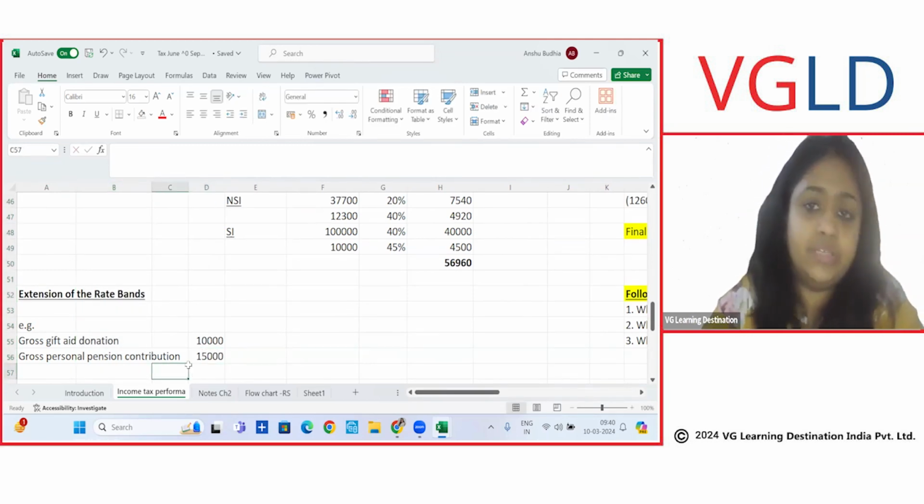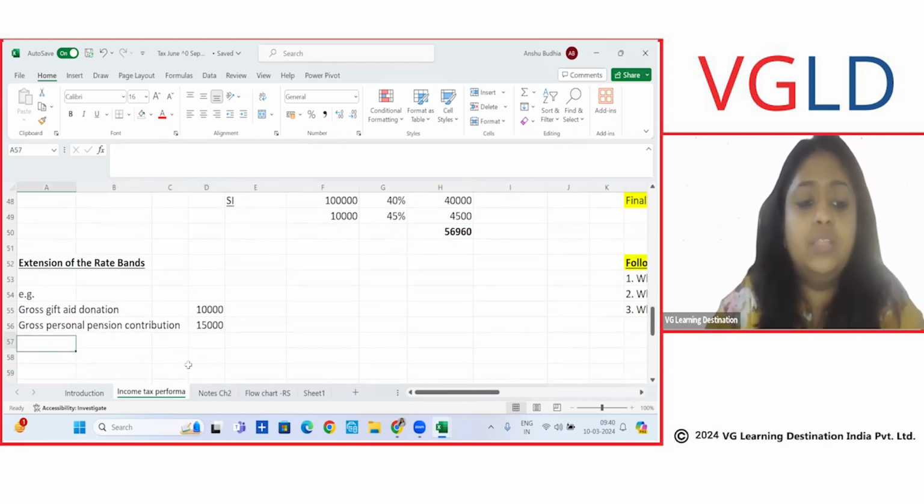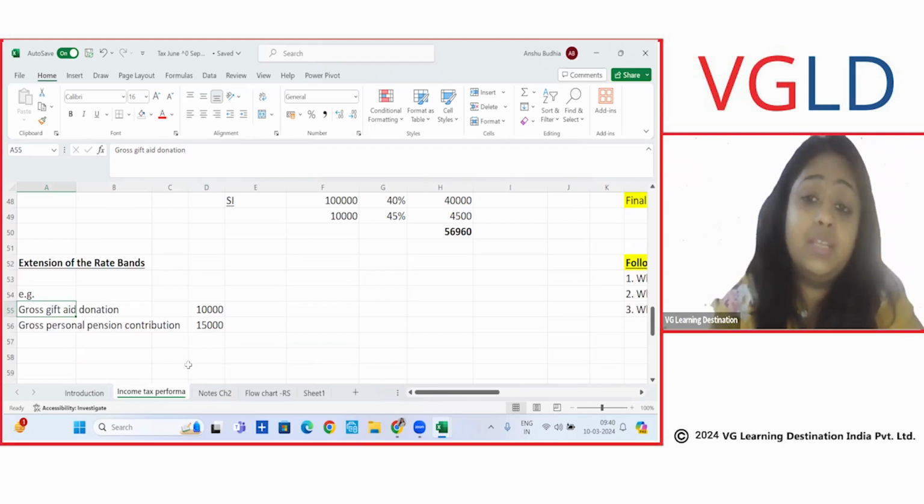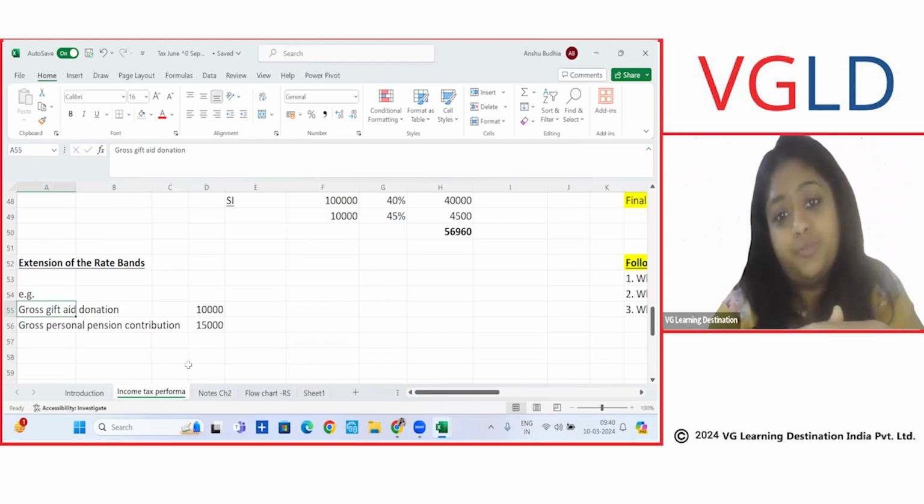This question gives you the data. You know that these two amounts will reduce the net income to calculate ANI for the tapering of PA. Correct? I'm sure you all are now familiar with it. It is used at some other place also.